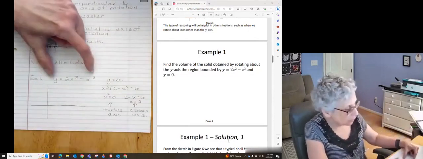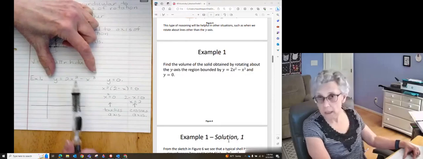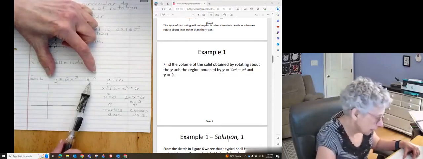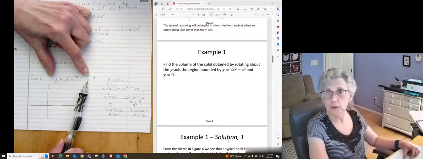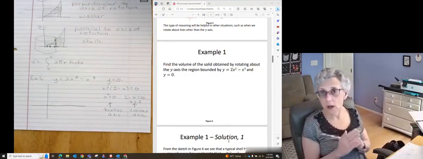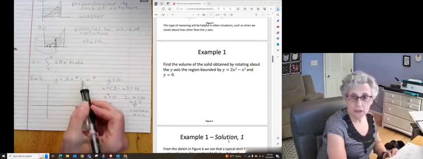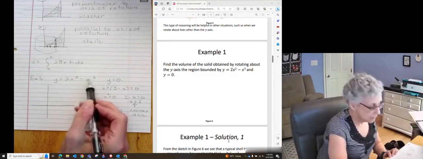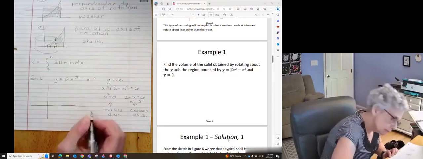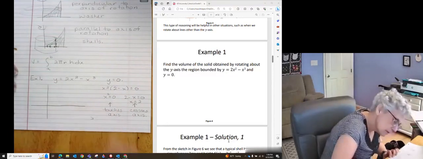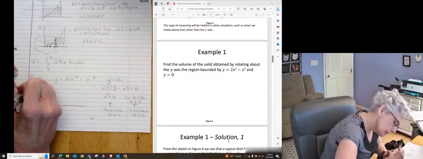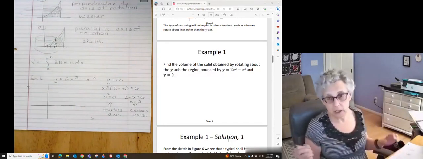So let's think back to pre-calculus in sketching polynomials. I have an odd degree, so I know the ends go in opposite directions, and the leading coefficient, which is the number sitting next to the biggest exponent, is negative. So I know it goes down in this direction and up in that direction.